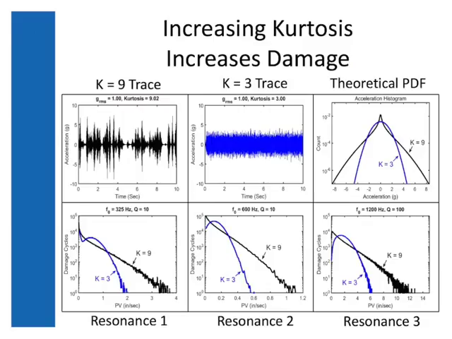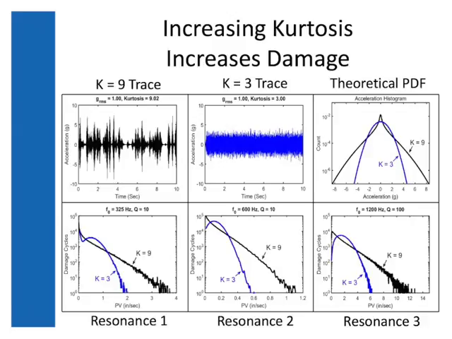So let's just start with one that we know. Increasing the kurtosis of a test without increasing the PSD increases the amount of damage that the test does. And so here we have in the top left a kurtosis 9 trace and the kurtosis 3 trace from before. These are both 1 GRMS. We have the acceleration histogram in the top right that we saw before. And then down in the bottom row, I have the response histograms for those 3 resonators on the previous slide.